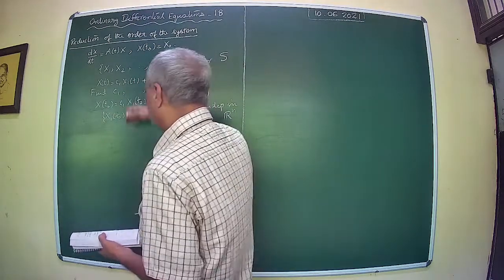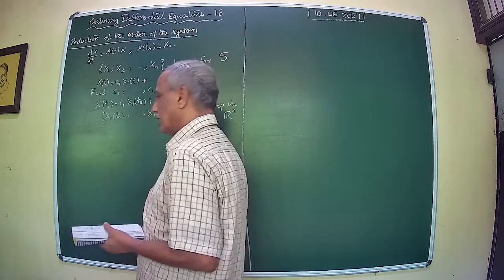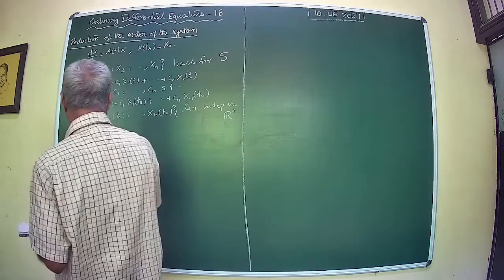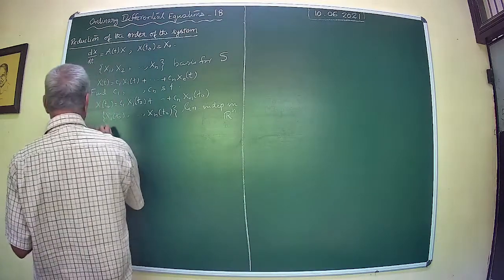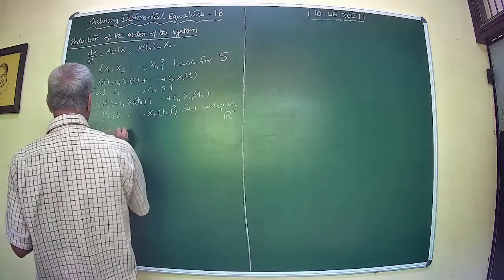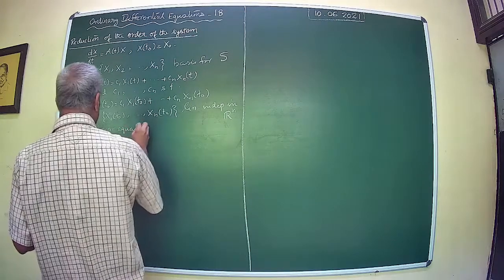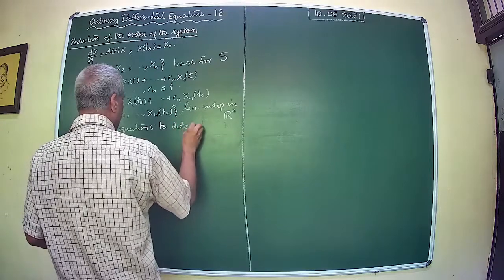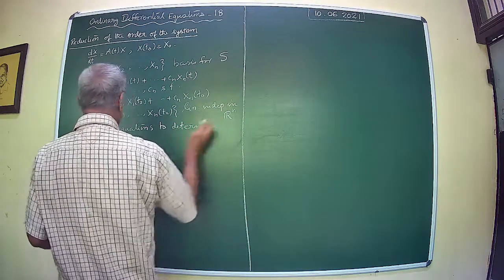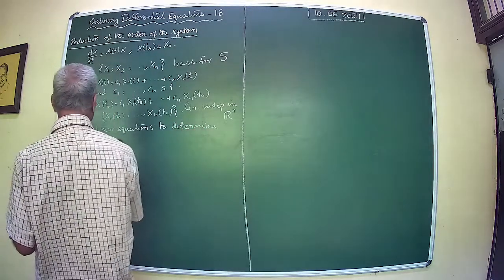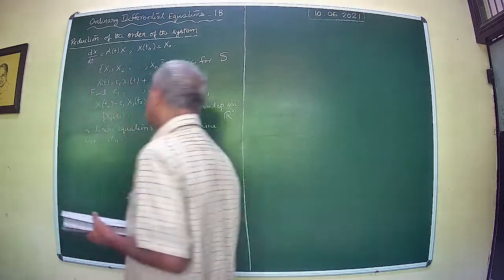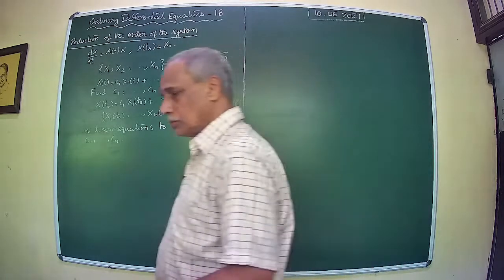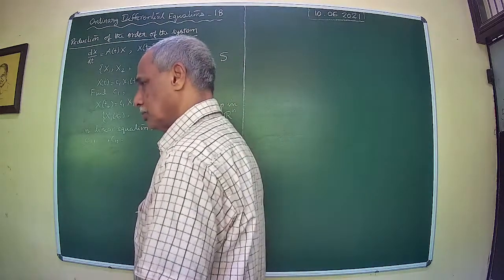Then you can write down the components. So what you get is n linear equations to determine c1, c2, ..., cn. And is it possible to solve them?